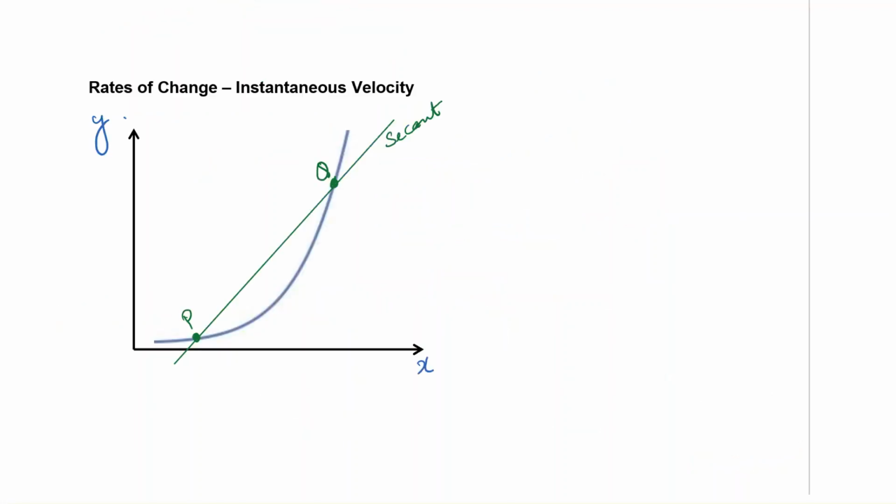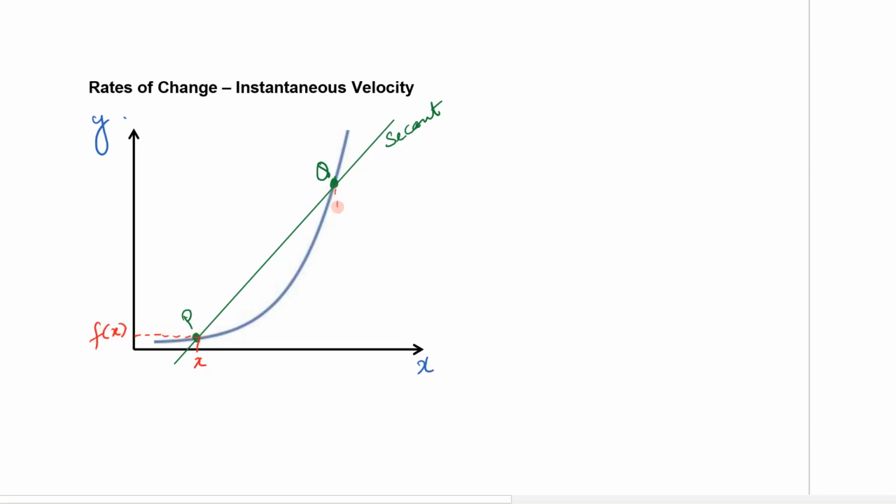So let's revisit our discussion of instantaneous versus average. The slope of the secant gives us the average velocity. If I have 2 points P and Q on this secant line, let's say this point has x value x and corresponding y value f(x).